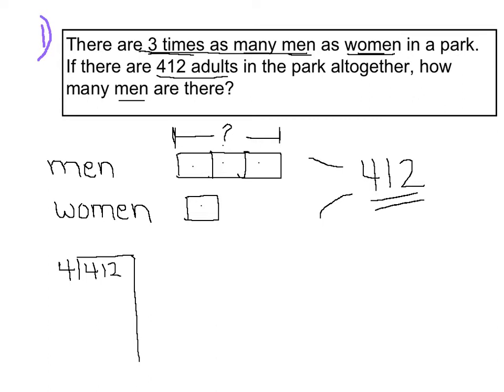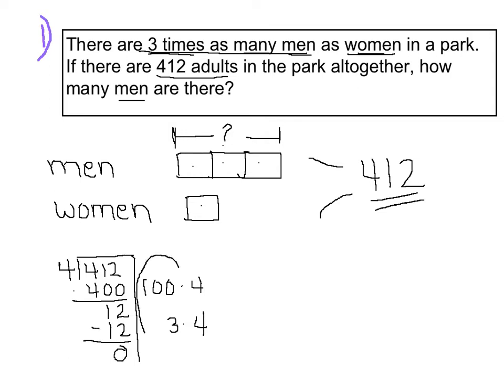Could I have 100 groups of 4? 100 groups of 4, yes, because that would be 400. Then I would still have 12 to put into groups of 4, and I know that 3 groups of 4 is 12. I have no more left.